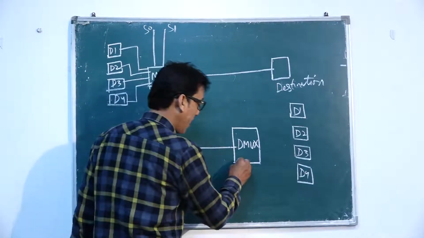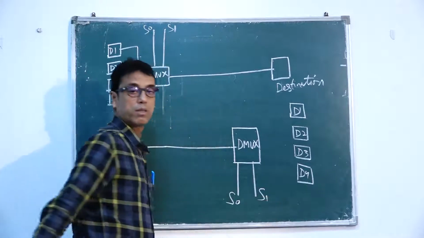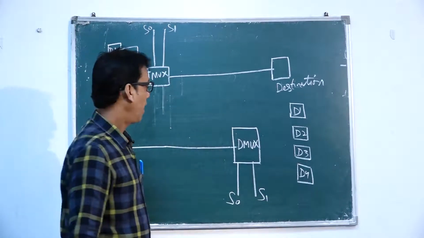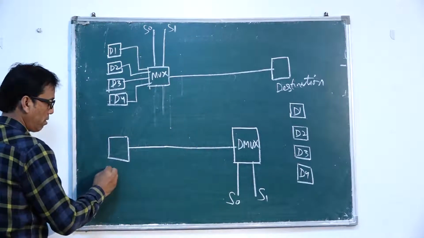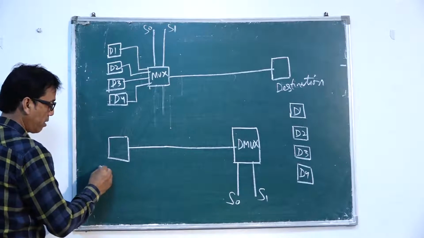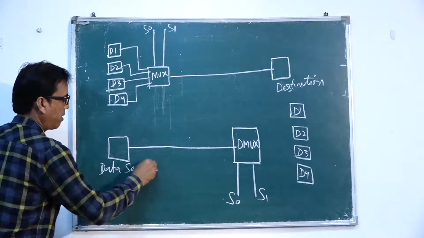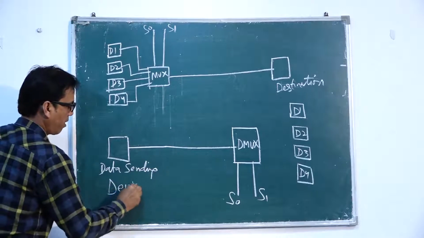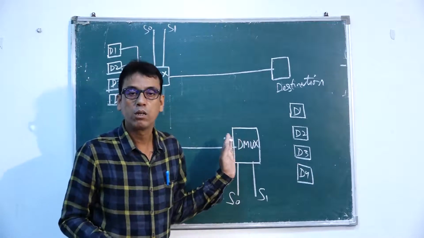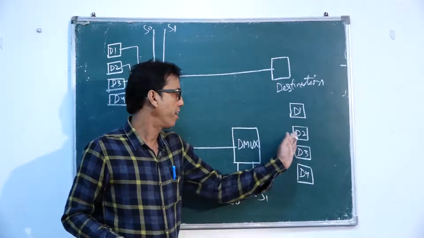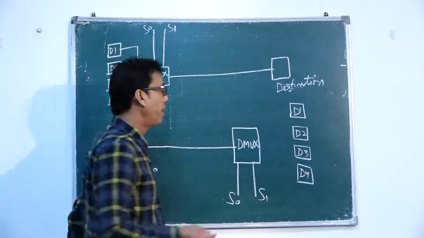This demux has 2 selector lines, selector 0, selector 1, and the data is coming from here, the data sending device. It is sending the data to whom? To D1, to D2, to D3, to D4, because there is a single data line.